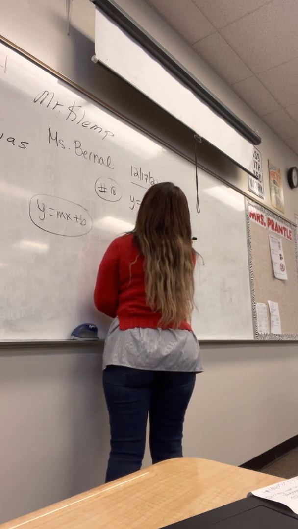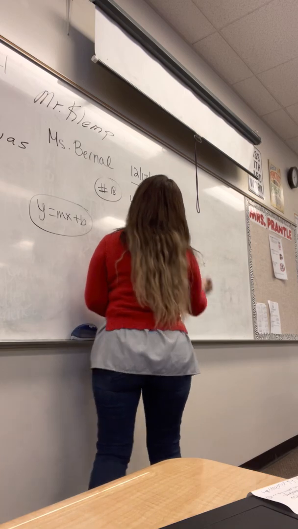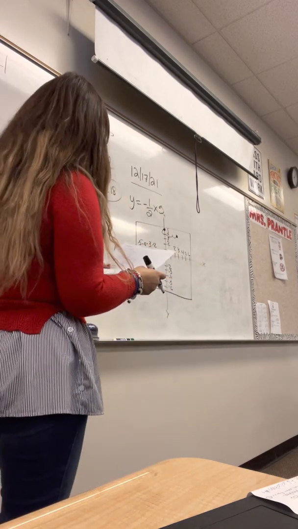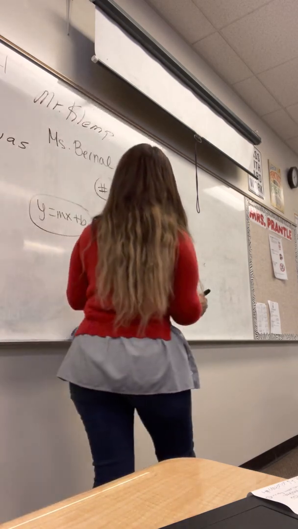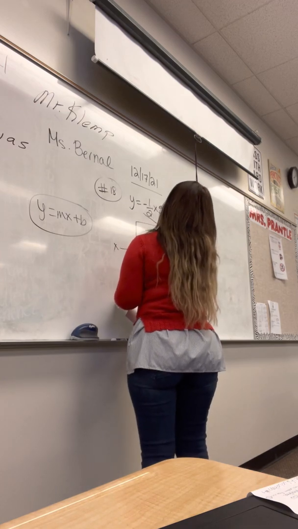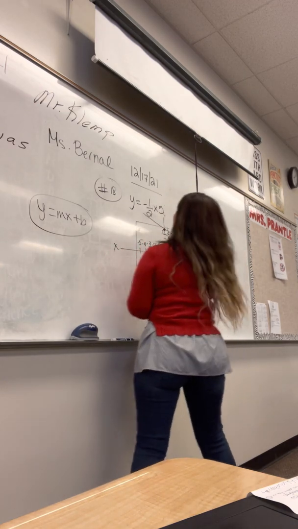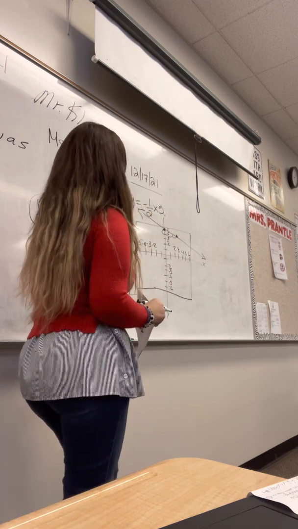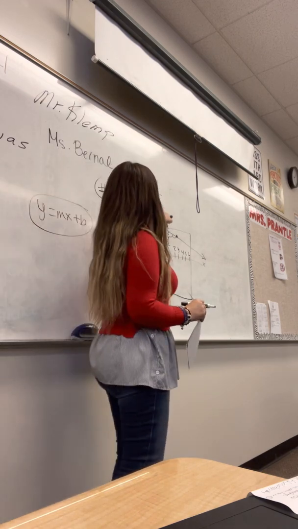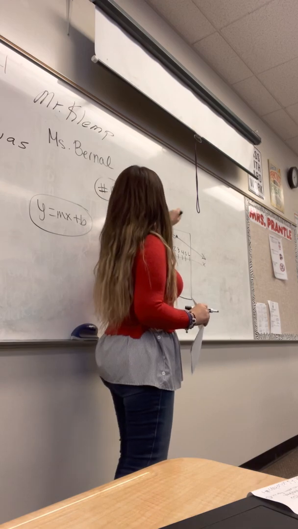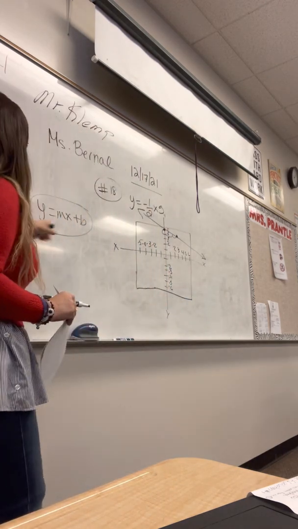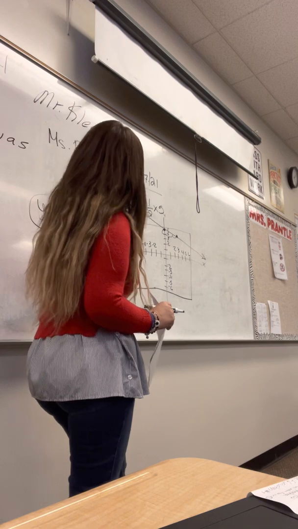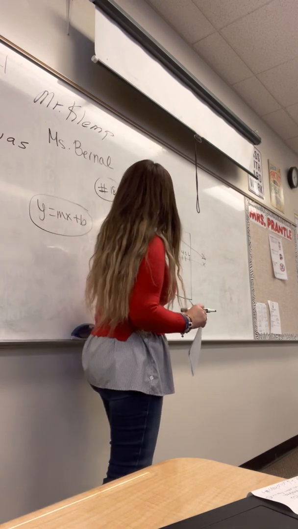Plot our next point here. So our line is going to look kind of like this, because we have a negative number. Just remember, we always start graphing the y-intercept, your b, following this formula, and then we graph the slope.